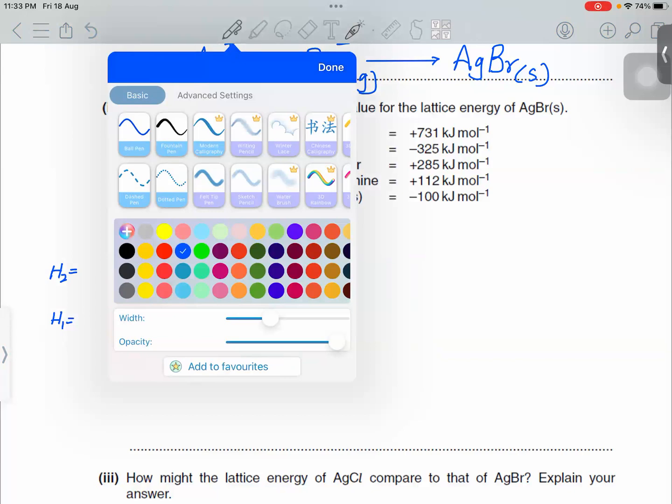Have you done? Yes, sir, I've made the cycle. So you need only the cycle or the calculation as well?